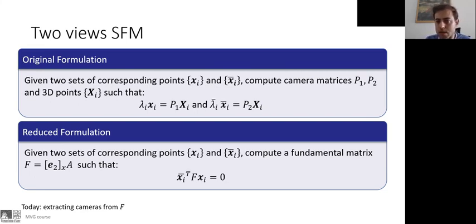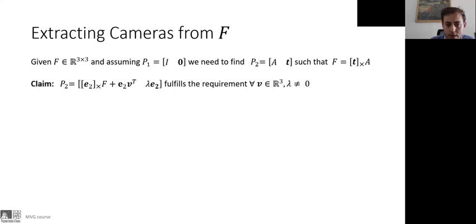Yoni, I have another question. You just showed us the form of P2 that satisfies this constraint on the next slide, right? Yes. And this was only one of many satisfying matrices, right? Yes. The homography that you choose is related to these 4 degrees of freedom that you have here.